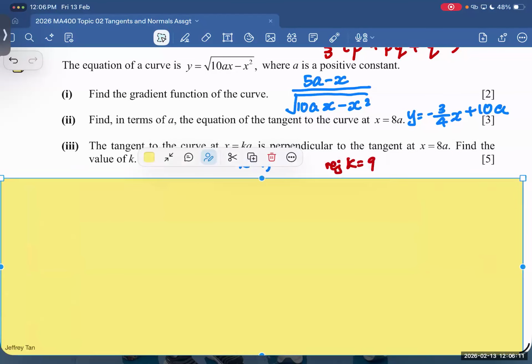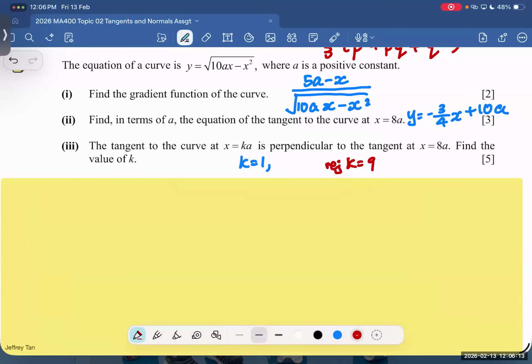So part 1, remember when we differentiate, you must treat a, k, h like constants. There will be times in your life where you have a lot of unknown constants. Now remember I tell you that before you differentiate, it's nice to leave everything in index form. So now here, this is power half.